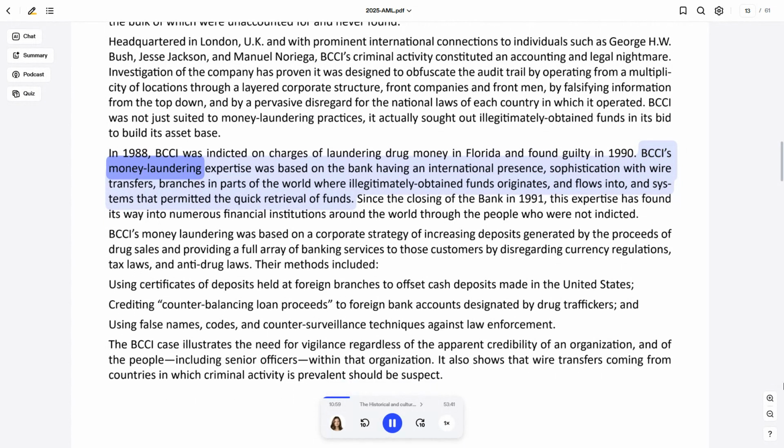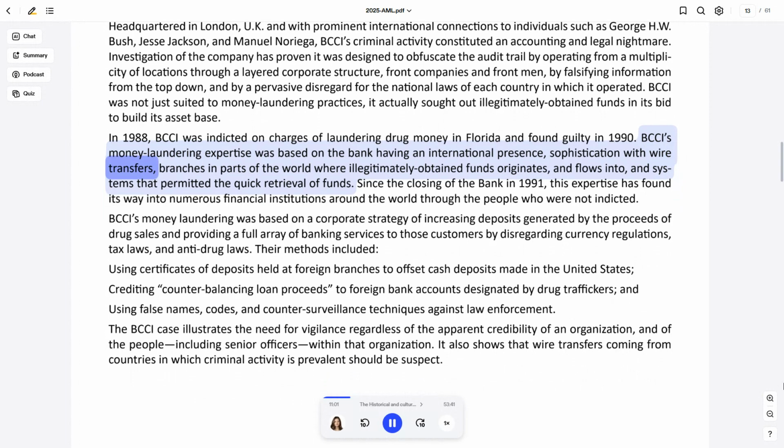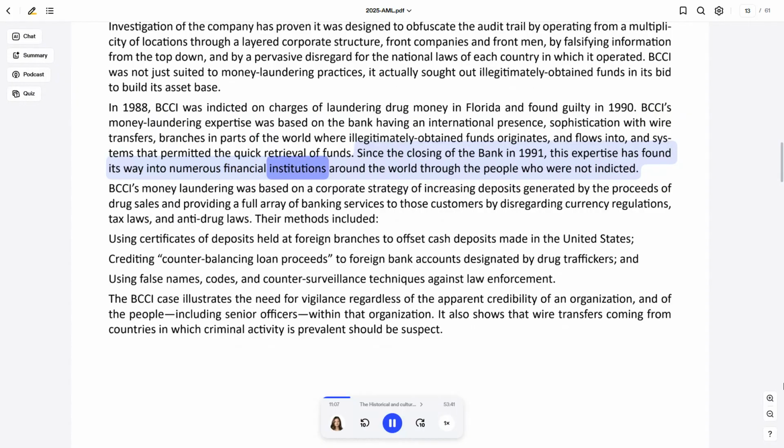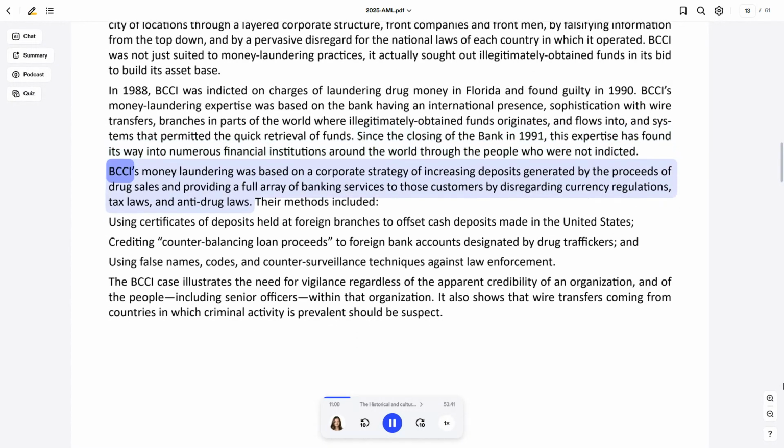BCCI's money laundering expertise was based on the bank having an international presence, sophistication with wire transfers, branches in parts of the world where illegitimately obtained funds originate and flow into, and systems that permitted the quick retrieval of funds. Since the closing of the bank in 1991, this expertise has found its way into numerous financial institutions around the world, through the people who were not indicted.